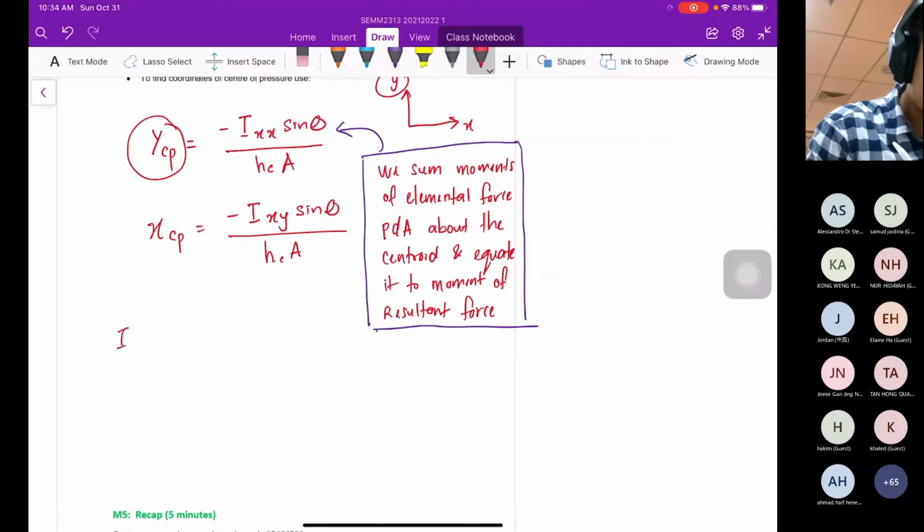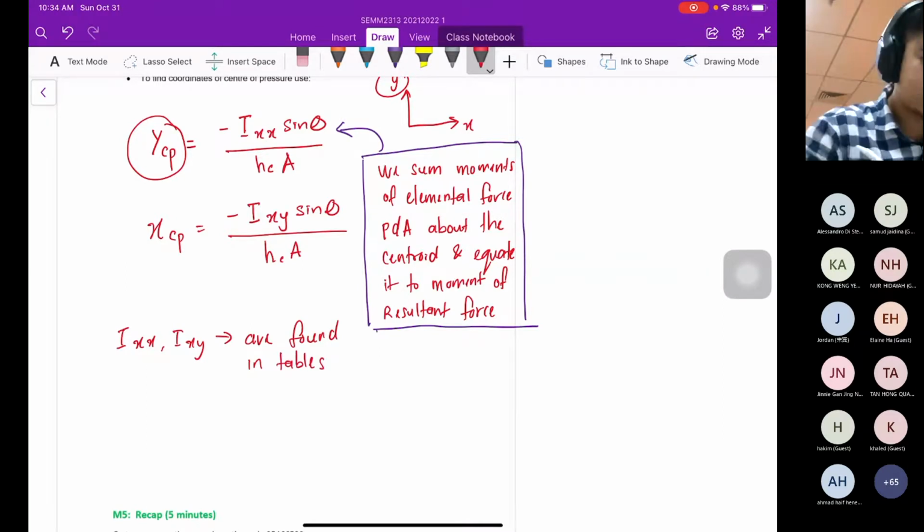Okay, IXX or IXY are found in table. Okay, I will show you the table later on.